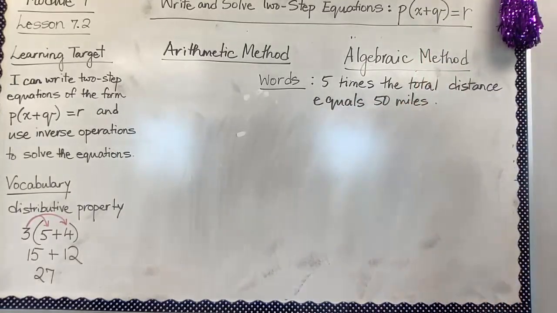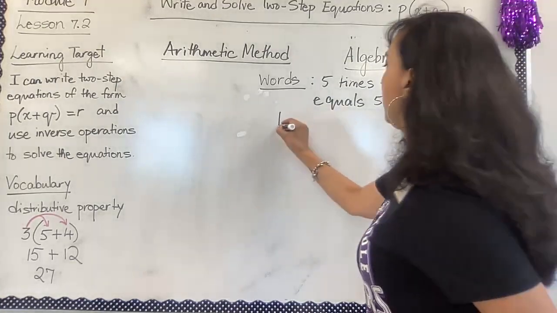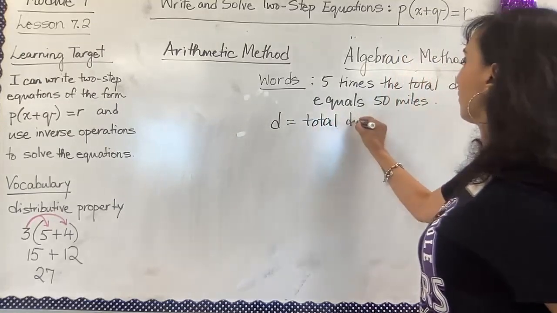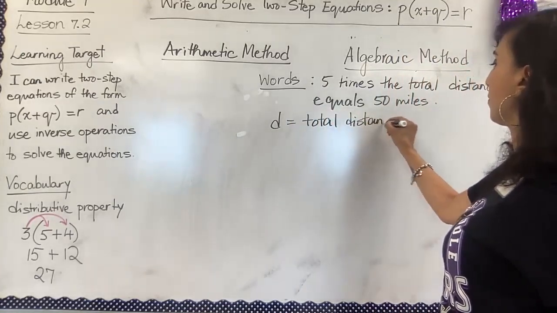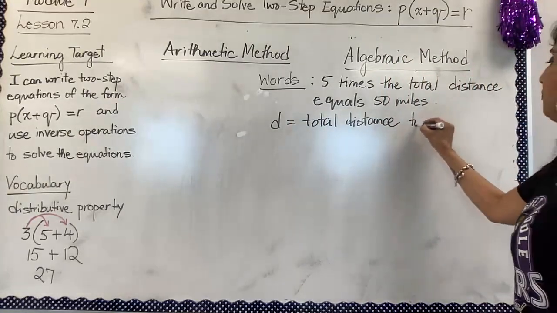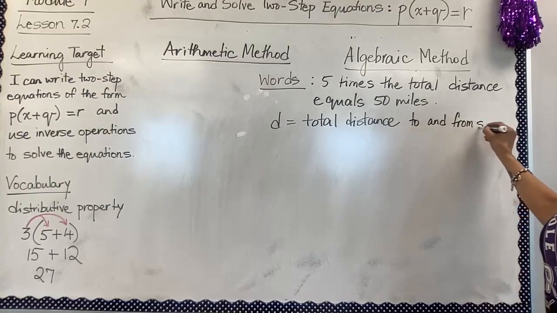And so we are going to take a variable, which would be d, to represent the total distance to and from school. So the variable that I'm going to use, d, is the total distance to and from school.